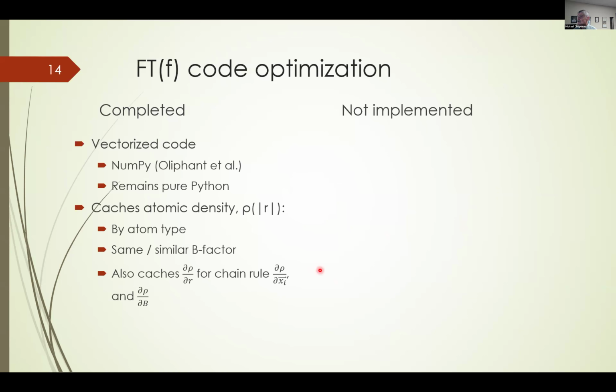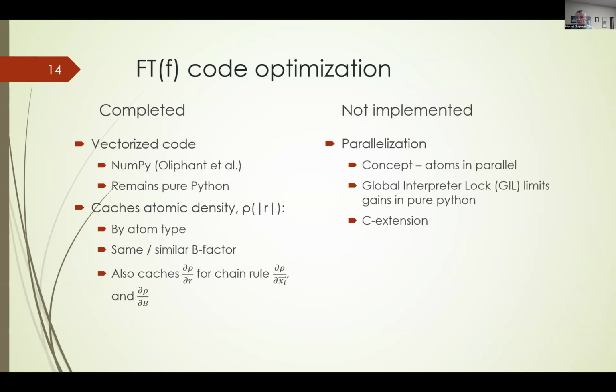We're also caching expensive parts of the calculation that are repeated many times. And so we just save for future use the densities that we've calculated as a function of distance by atom type and for similar B factors. And we're also caching the partial derivatives that we use for optimization. There's a lot more optimization that we could do but haven't done.